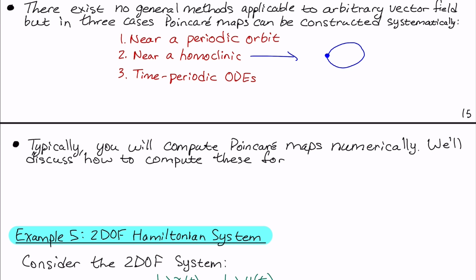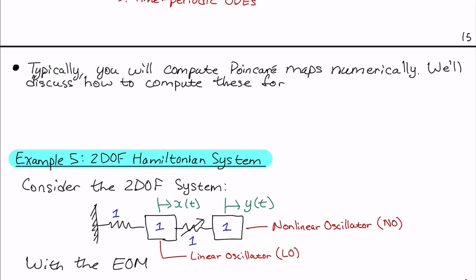However, like I said, there's no general analytical method for applying these to just any arbitrary vector field, and as a result, you'll typically compute Poincare maps numerically. We're going to discuss how to compute these first for a Hamiltonian, which means no forcing, no damping, meaning that its energy is conserved, a Hamiltonian 2 degree of freedom system, or 2DOF system.